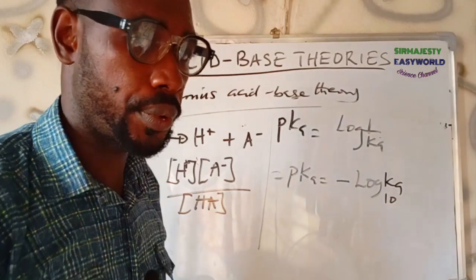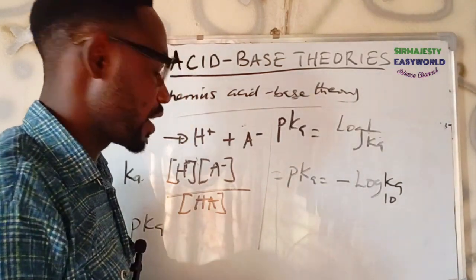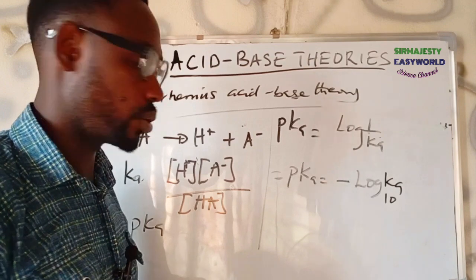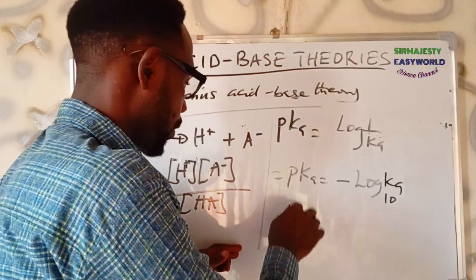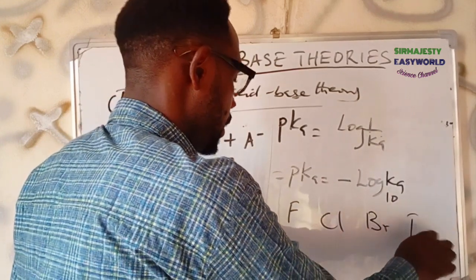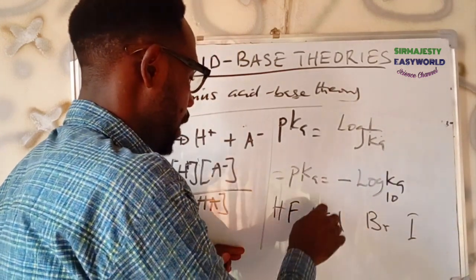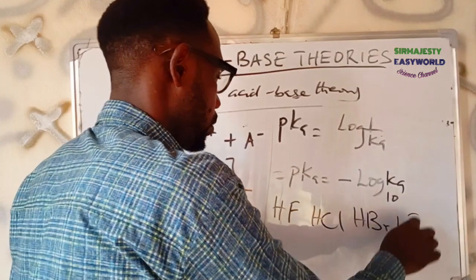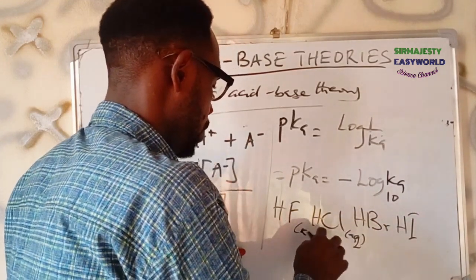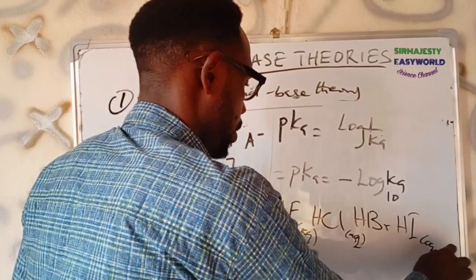Take for example, when we go to the halogens, the hydrogen halides, which are all acids in aqueous solutions, of course. So we have fluorine, chlorine, bromine, iodine. Their hydrogen halides, you put hydrogen there, or remember, because we are discussing Arrhenius, they will all be in aqueous medium.